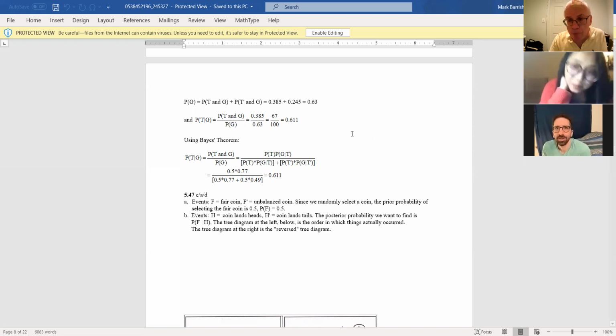Because I've seen Bayes' theorem problems in other books, and they're easy. They usually have a medical situation, right, with a new drug or something like that, and they're looking at the incidence of a disease, things like that. It's very easy to interpret, but this problem here is not a good problem for Bayes.